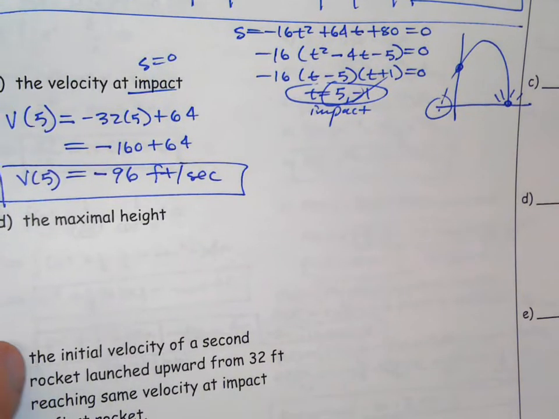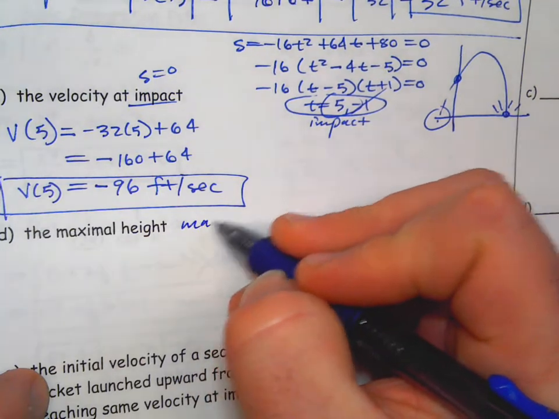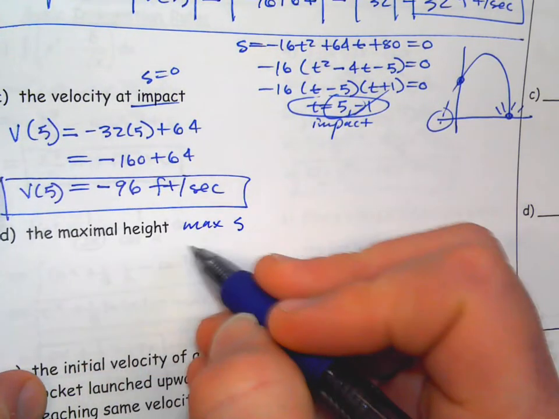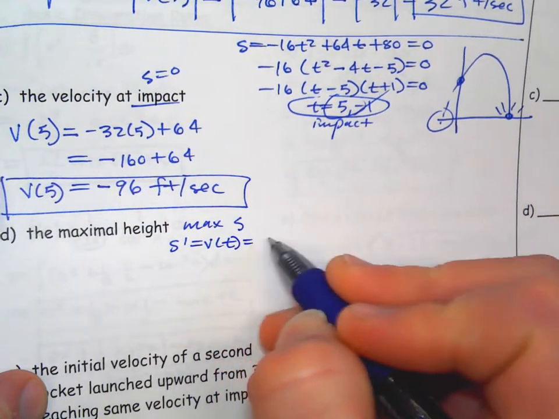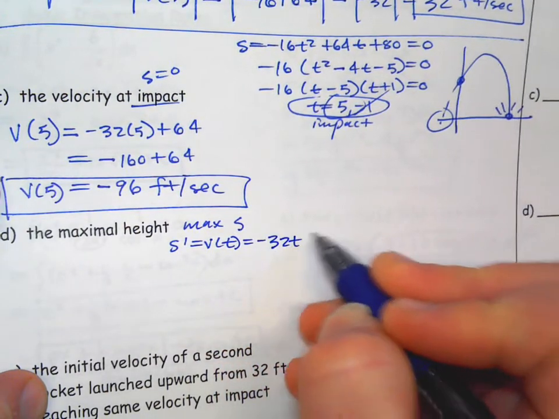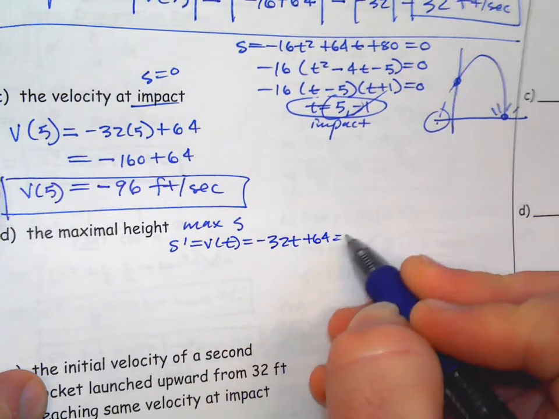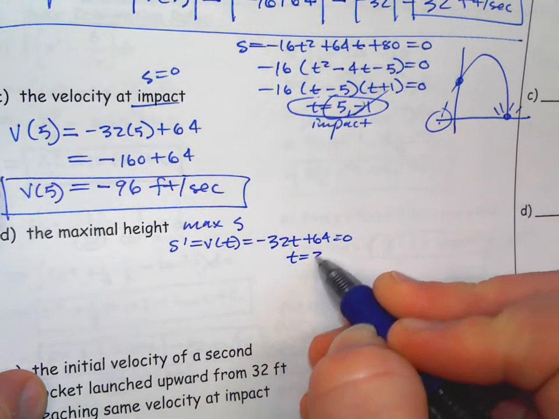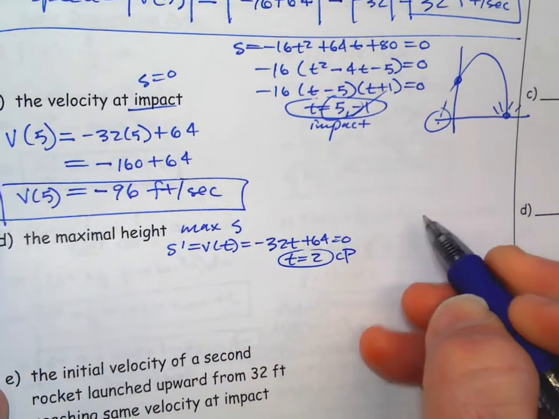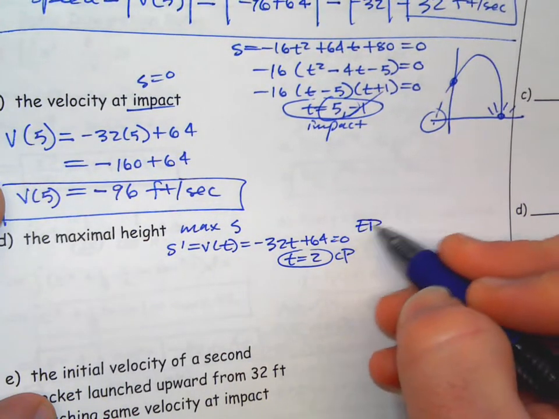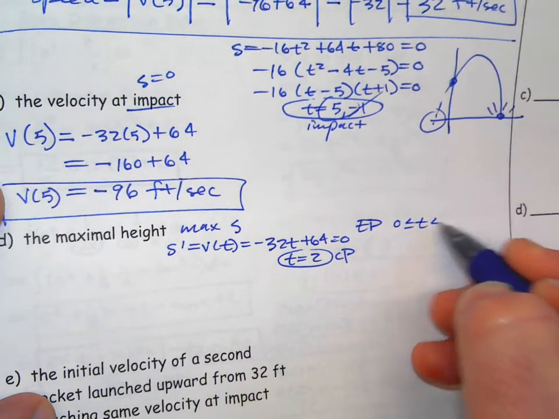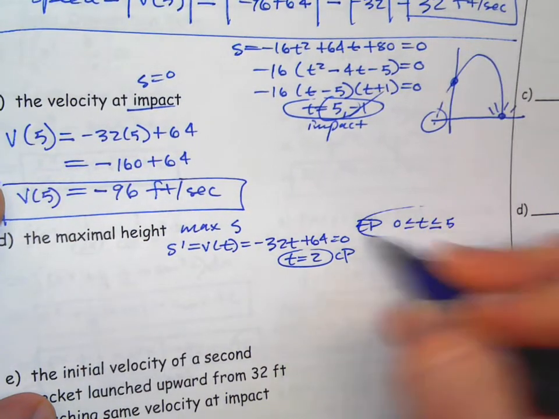Maximal height. Well, that means we're looking for max S. So we need S prime, which is velocity, equal to 0. So t equals 2. That's your critical point. We need endpoints. Well, endpoints are going to be time 0 to time of impact, which we found was 5.